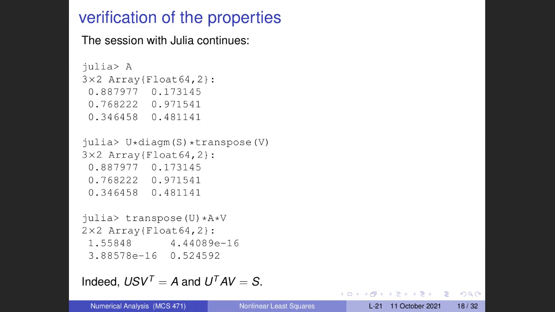The singular value decomposition allows us to reconstruct the matrix. So it's a factorization. If you do U times the diagonal matrix times the transpose, you actually have this equation here. The factorization property, underlined in red, is translated into Julia in this command.